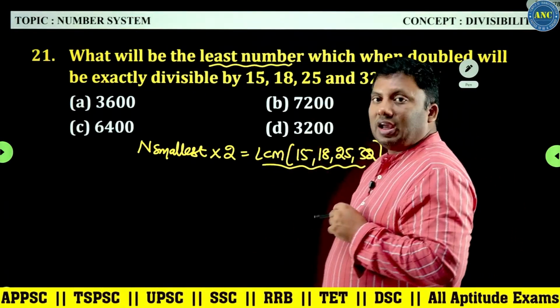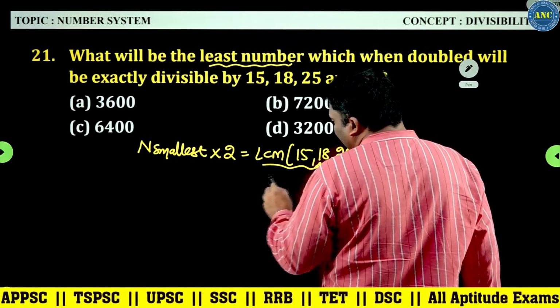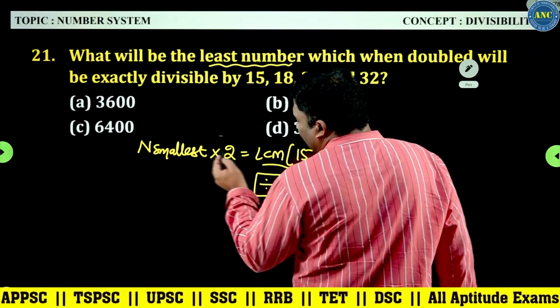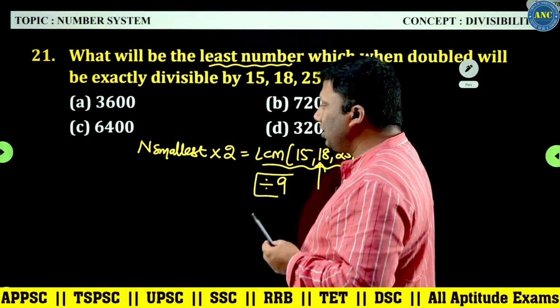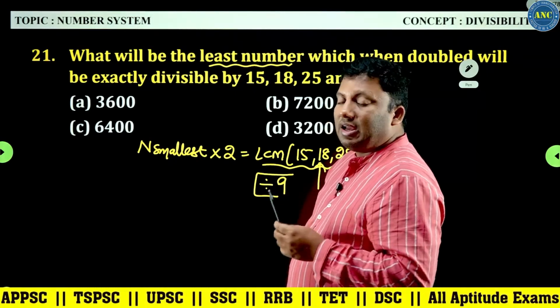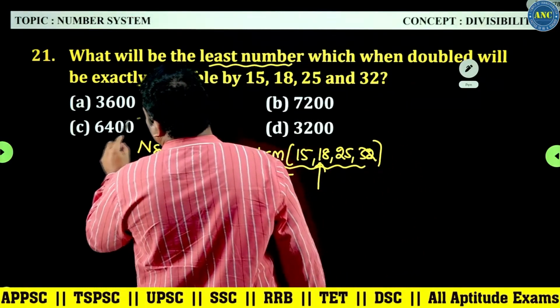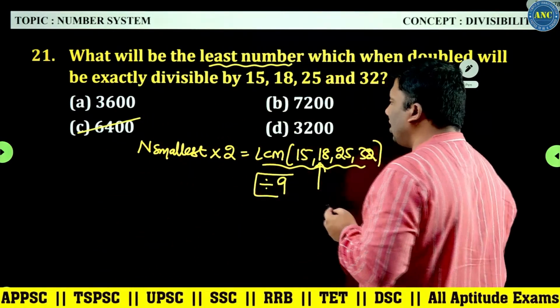So, one number is a multiple of 9. The answer will be divisible by 2. N smallest which when doubled is exactly divisible. When I double it, it should be divisible by 9. 6400 into 2 is 12,800. It is not divisible by 9.